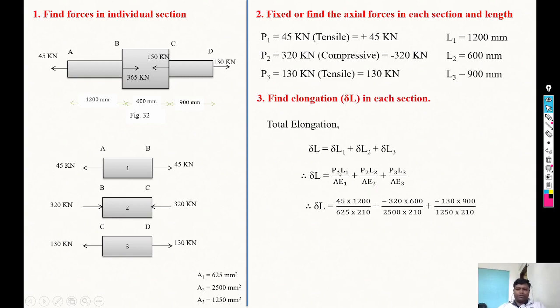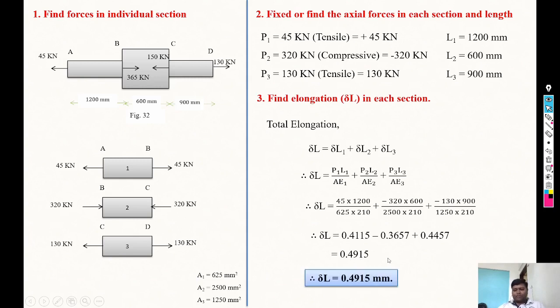Just put all the values where P1 is 45 kilonewton, L1 is 1200, area just calculated 365 and E1 is 210. Similarly put the values for P2 L2 A E2, P3 L3 A and E3, and solve this equation. We will get the final answer, that is change in length equals 0.4912 mm. So this is the total elongation of that varying cross section bar.